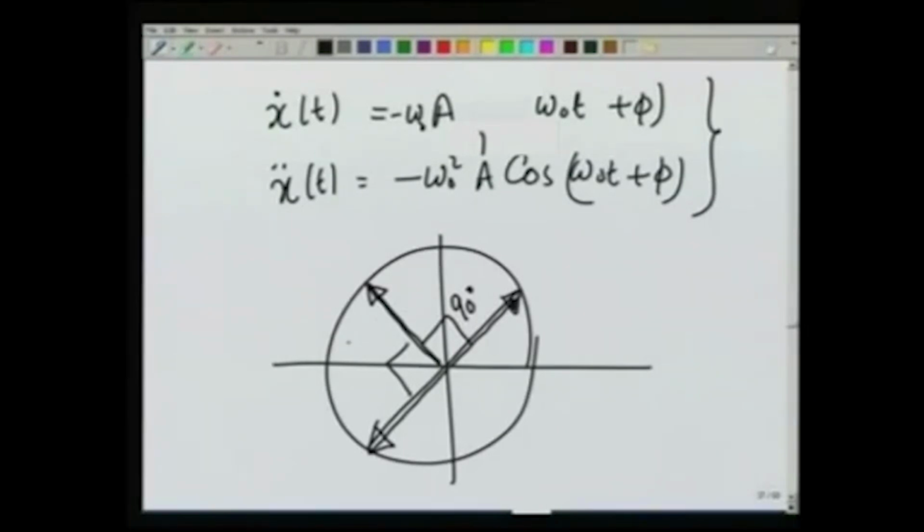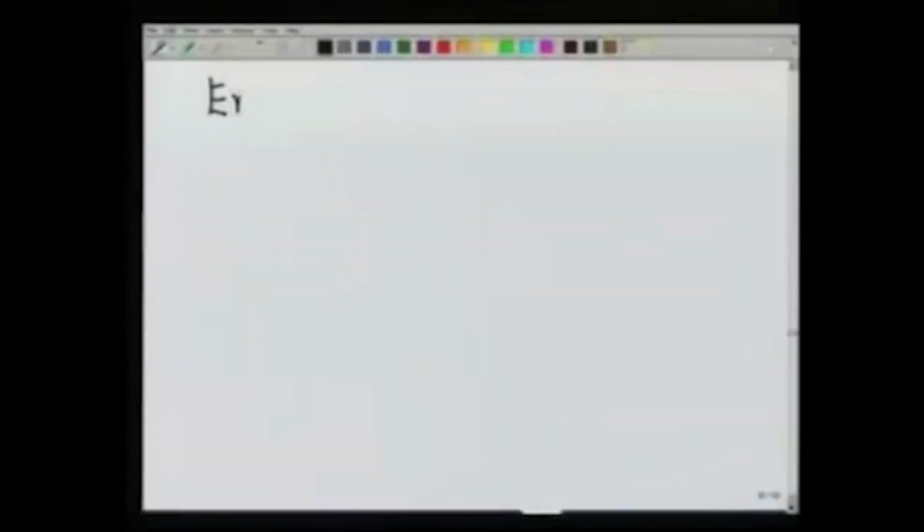Finally, to sum up this introduction to harmonic oscillator, let me talk about energy in a harmonic oscillator.